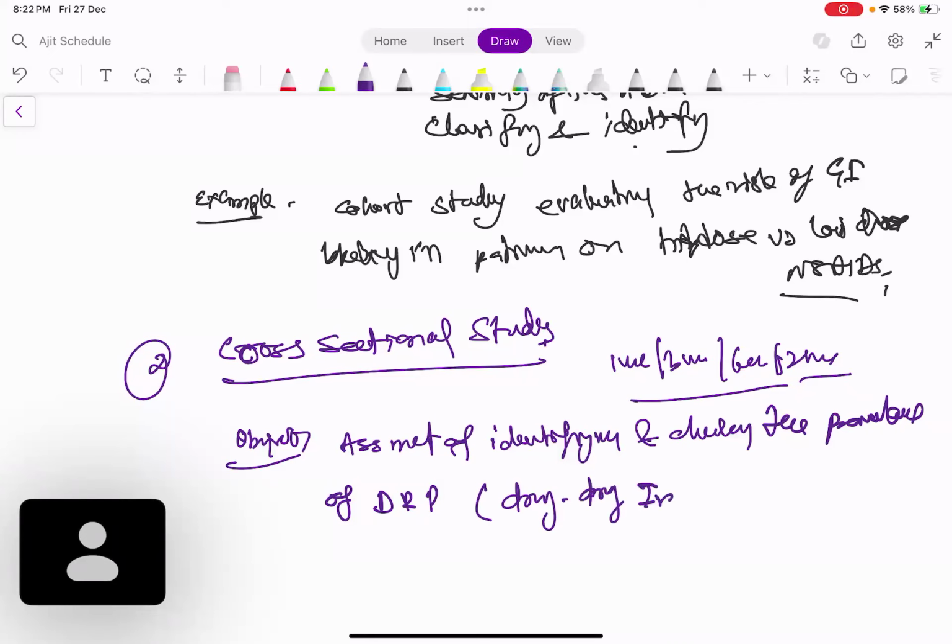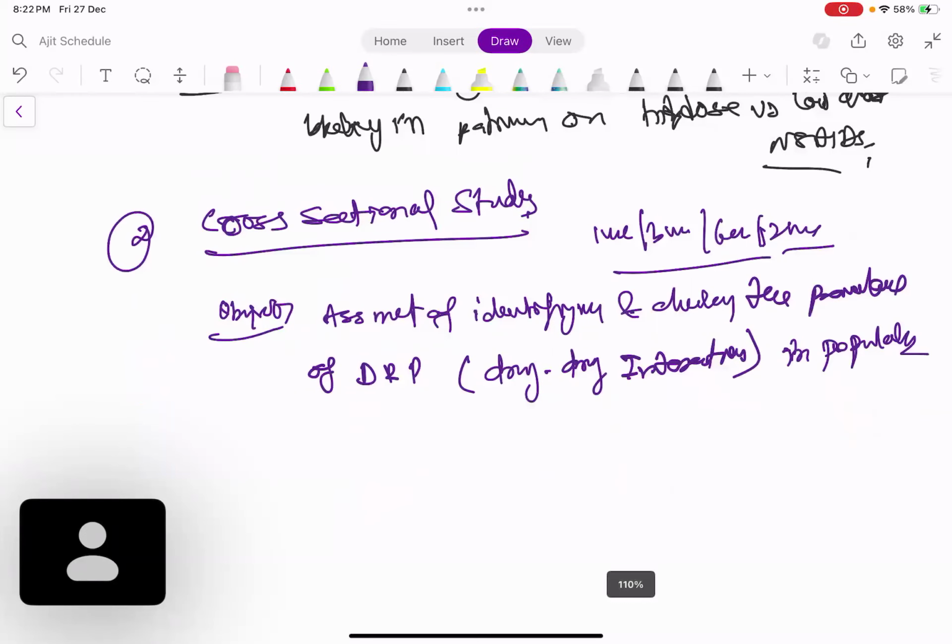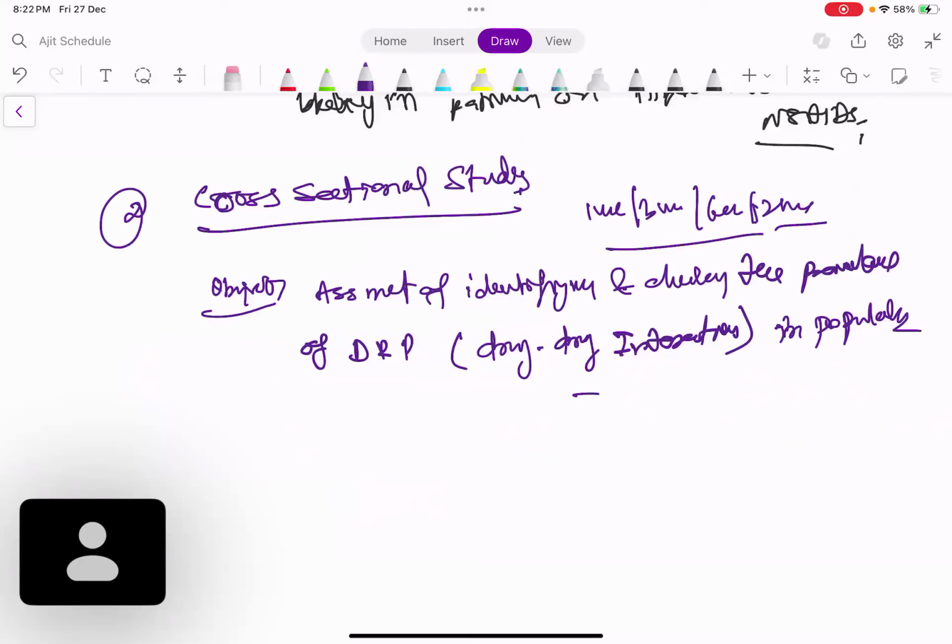Drug interactions at a specific point of time, definitely within 6 months or 1 year, in a specific population. Suppose you want to check the prevalence of drug related problems in hypertensive patients who are taking more than two drugs.